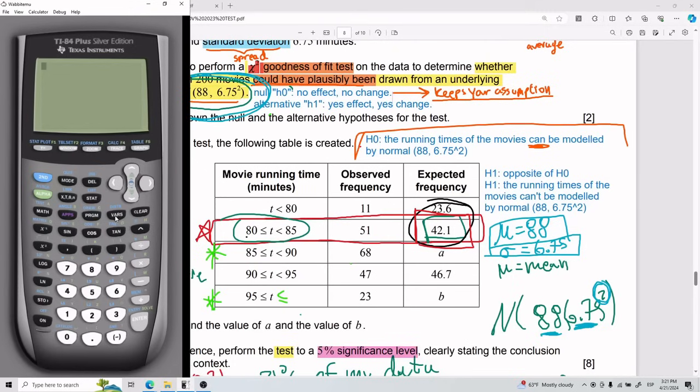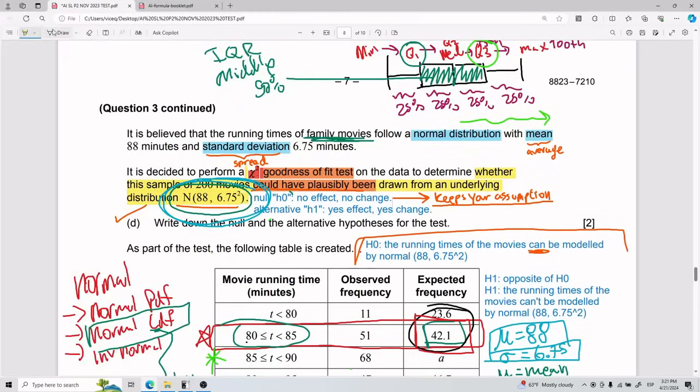So I'm going to go to stat and test, because it's a test. If I scroll a little bit, eventually, here it is, chi-squared GOF. Goodness of fit is GOF.